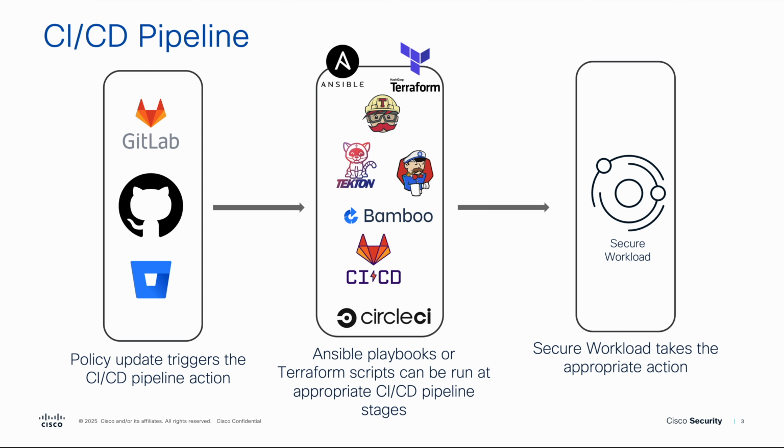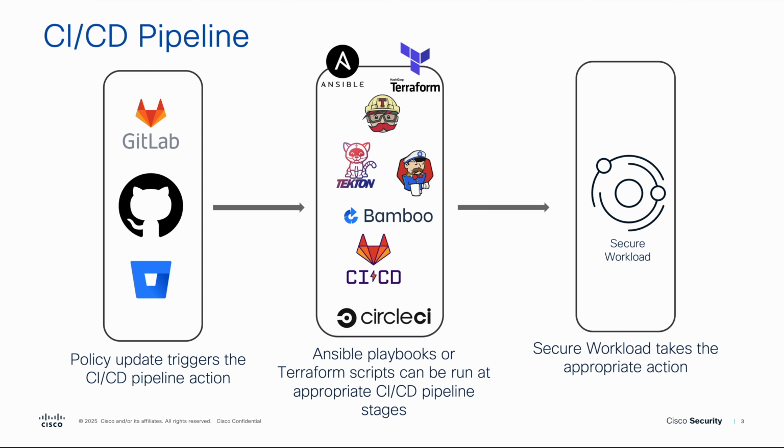And we can have any CI/CD pipeline tool, including Bamboo, GitLab CI/CD, CircleCI, GitHub Actions. These tools execute playbooks and infrastructure as code scripts that might be written in Ansible or Terraform at different pipeline stages, and ultimately configure Cisco Secure Workload to take the appropriate action to secure your application.